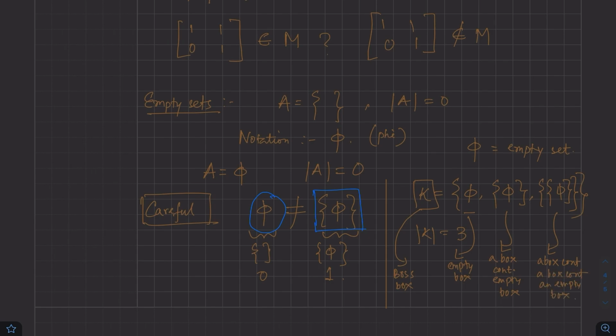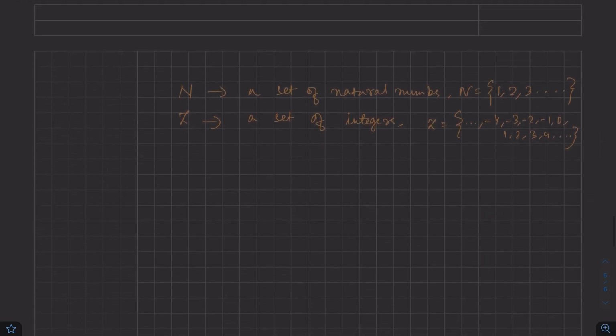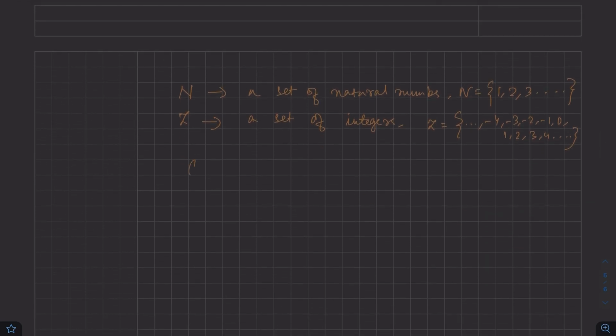Let's play around with this particular concept a bit more. In the first lecture, we saw that N is the set of natural numbers. So essentially, you can write N as 1, 2, 3, and it goes on, and Z a set of integers. So Z is ..., -4, -3, -2, -1, 0, 1, 2, 3, 4, and so on.